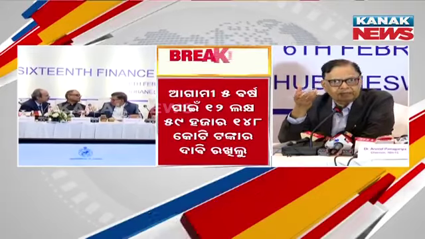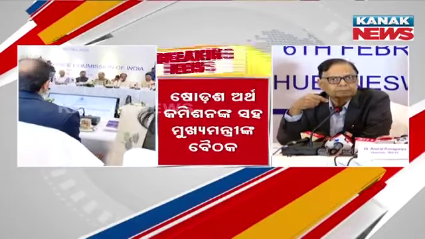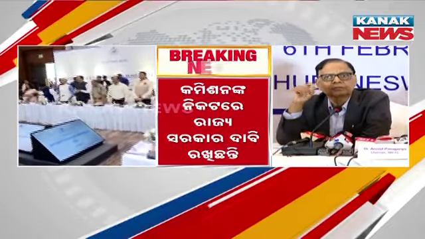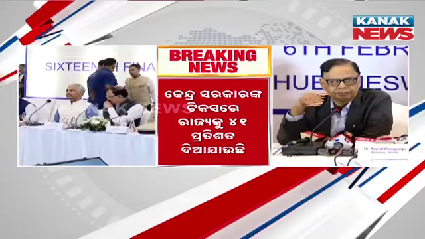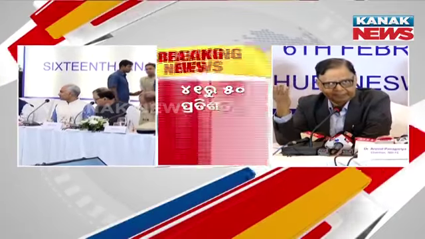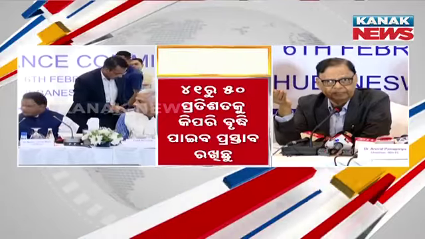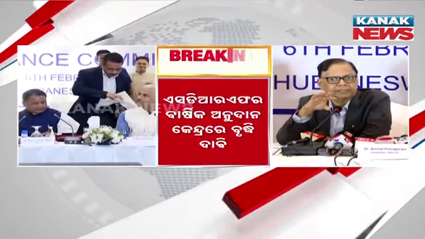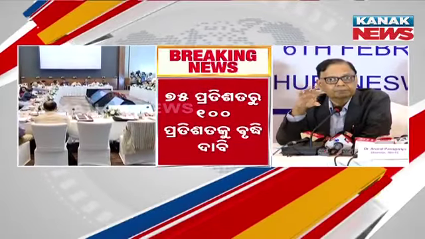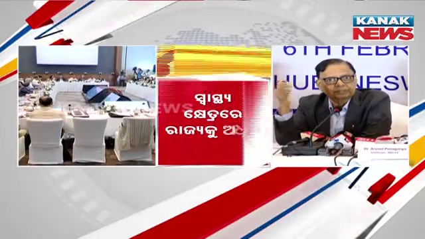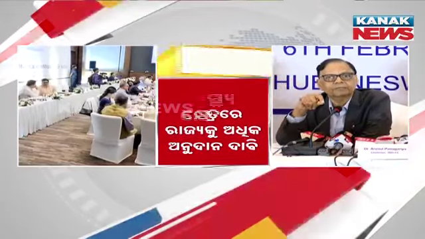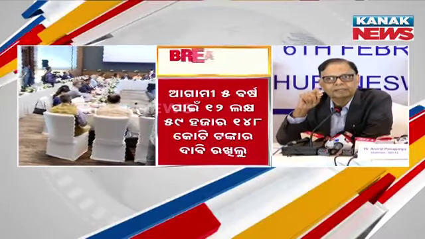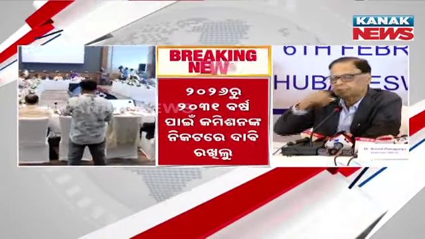For example, under the 15th Commission, 15% of the divisible pool is distributed according to each state's share in the total population of India. So if a state has a 5% share in the population of India, then 5% of that 15% of the divisible pool is given to that state, and similarly for the other states.